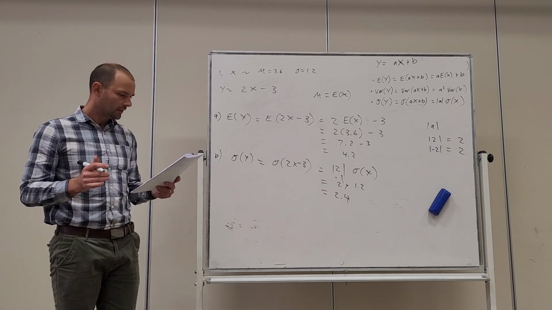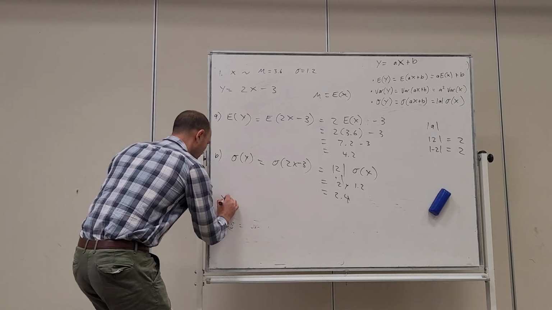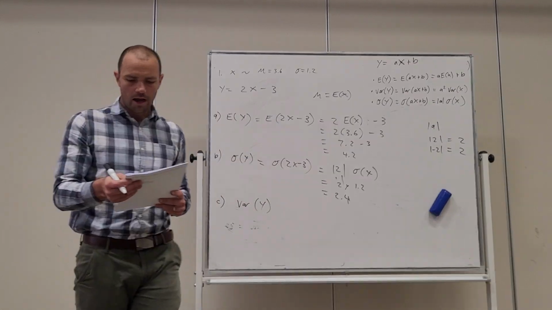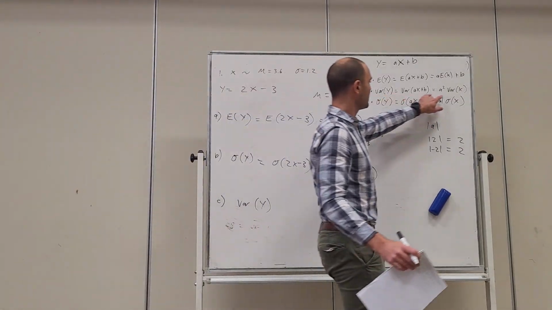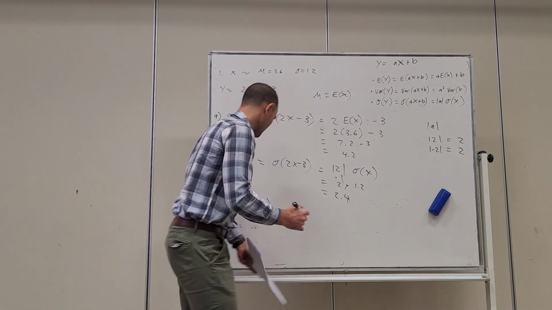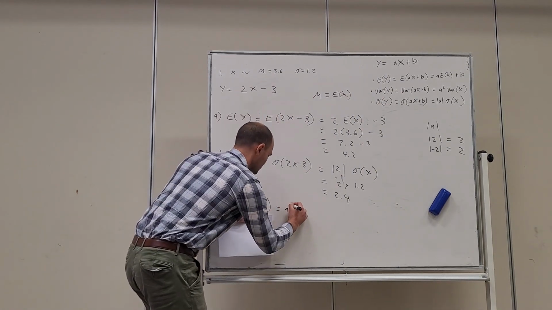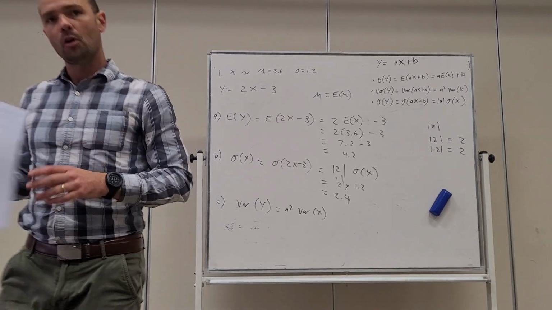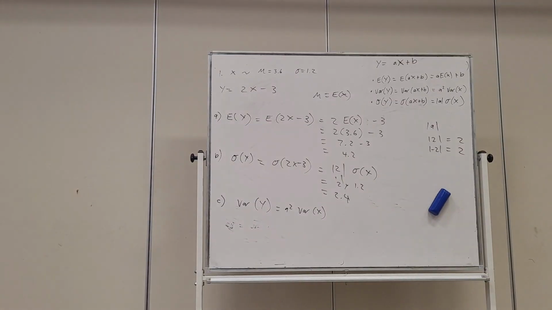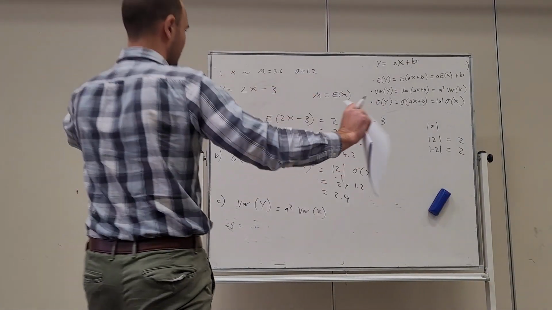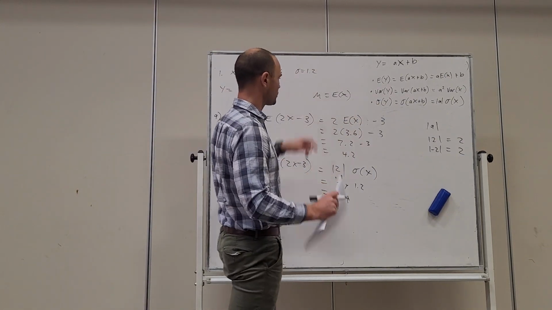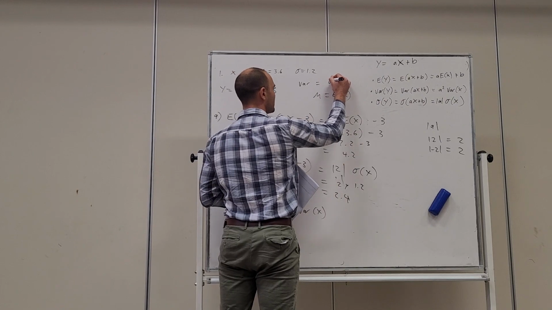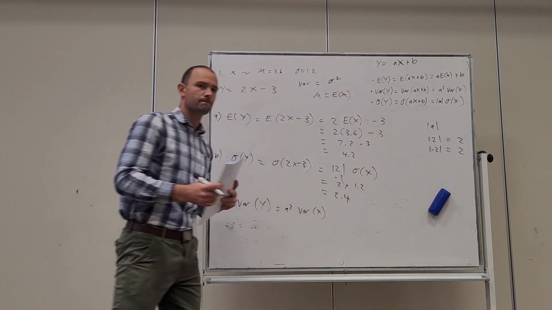All right, and then lastly, find the variance of y. We'll use this one here: a squared times the variance of x. Now, we don't have the variance of x explicitly. We've got the standard deviation, and what we should remember is the variance is the standard deviation squared.